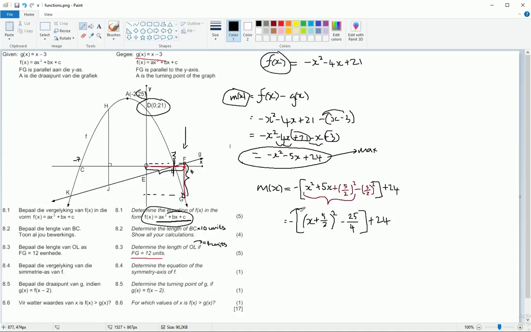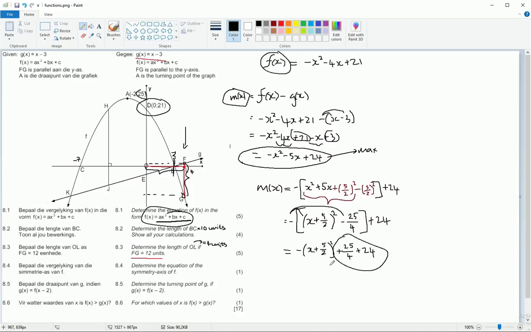Okay, now I want my negative to go inside, so it's going to multiply with this first term. This whole thing is a term, and then it's also going to multiply with that one. So now I have minus open bracket x plus my 5 over 2, all of this gets squared, plus the 25 over 4 plus my 24. Okay, so we can add this together.